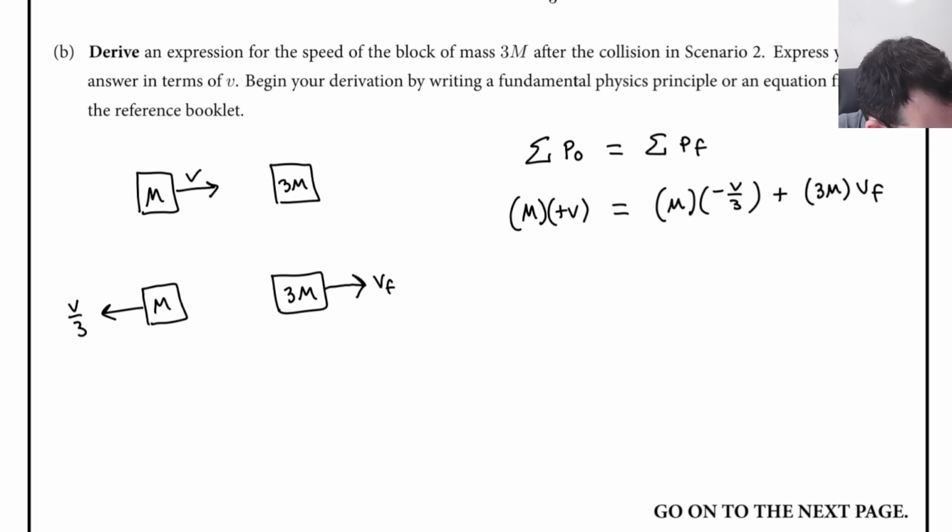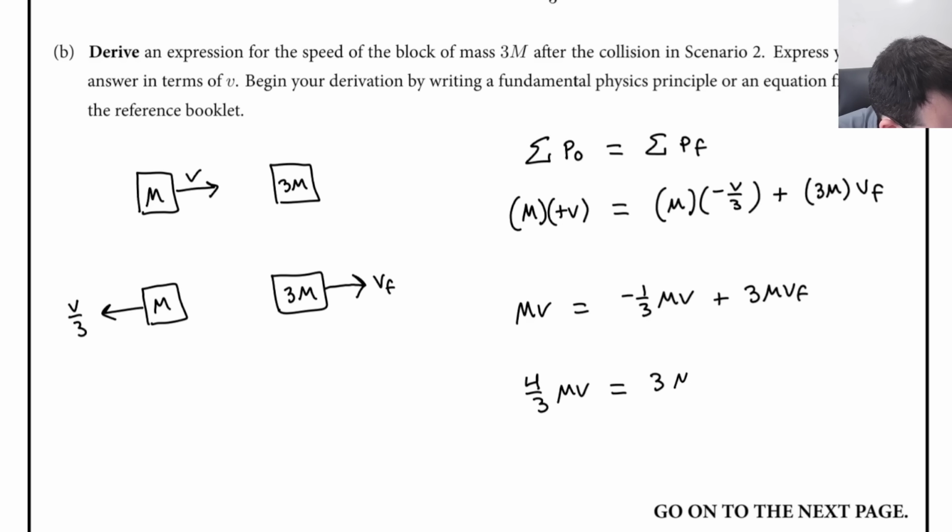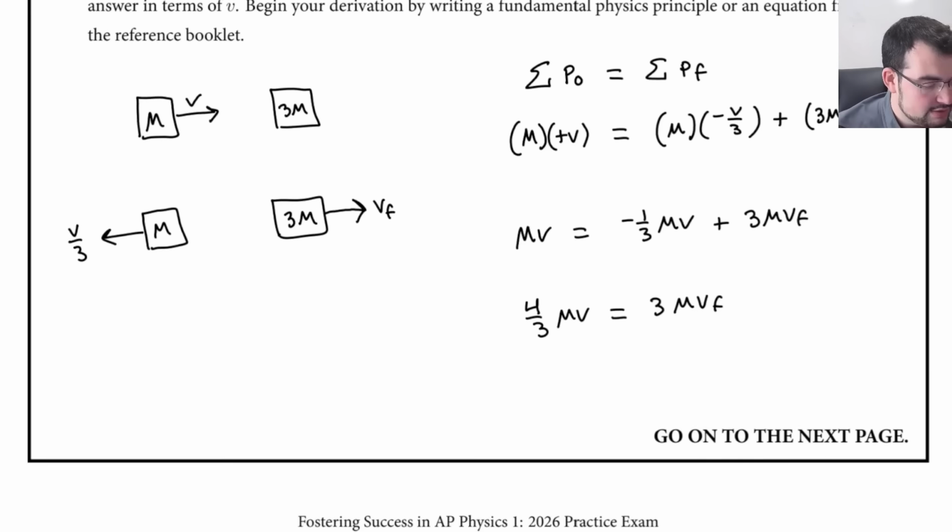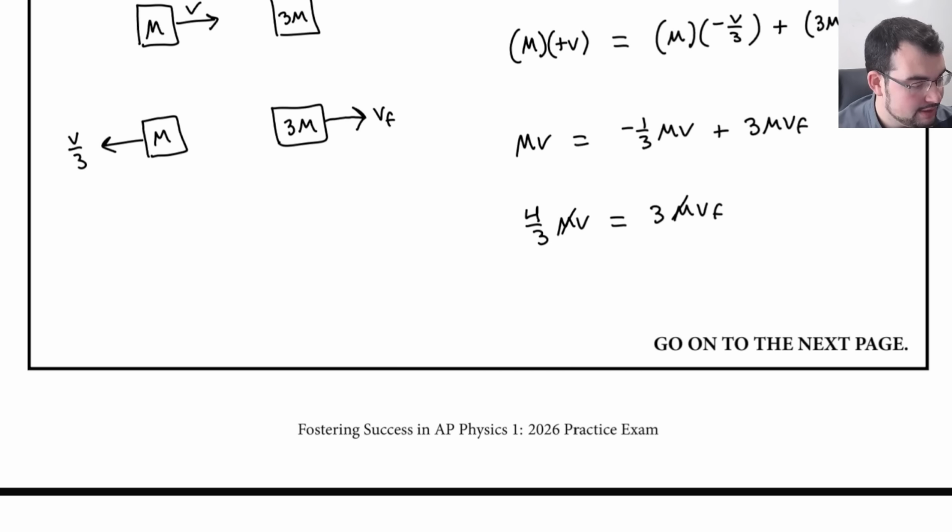So now we can just solve, where we get mv equal to negative 1/3 mv plus 3mvf. So I'd get 4/3 mv is equal to 3mvf. I can take out an m, and then divide by 3, and I get vf is just 4/9 of v.